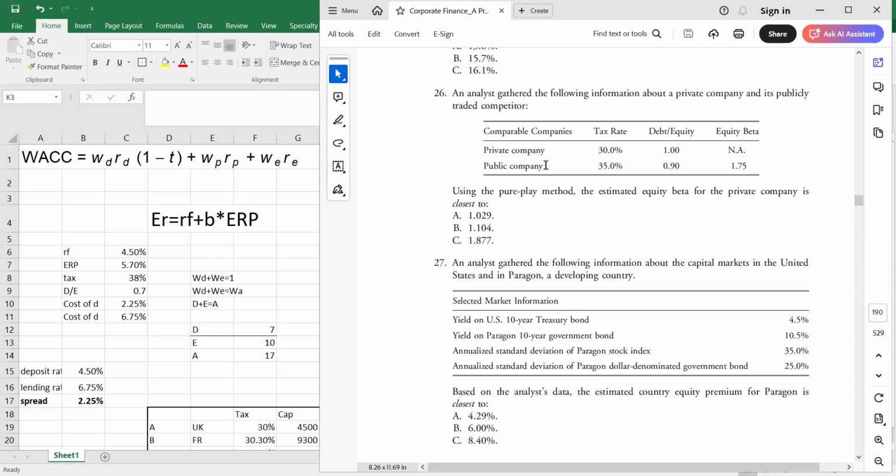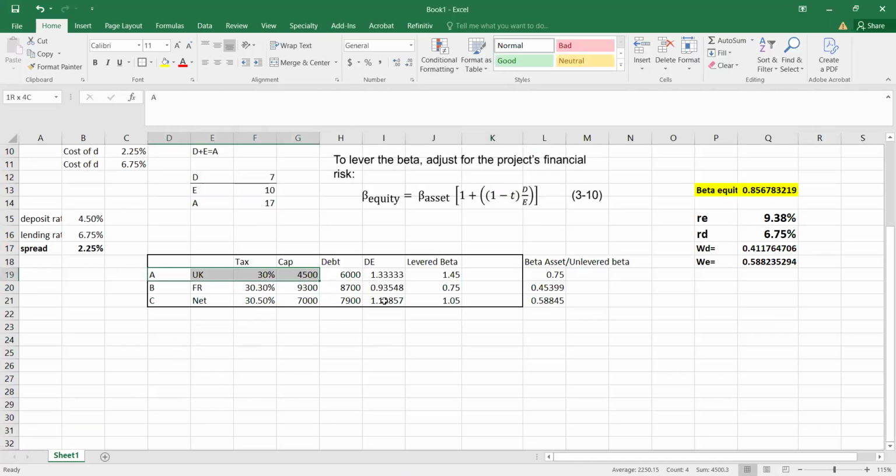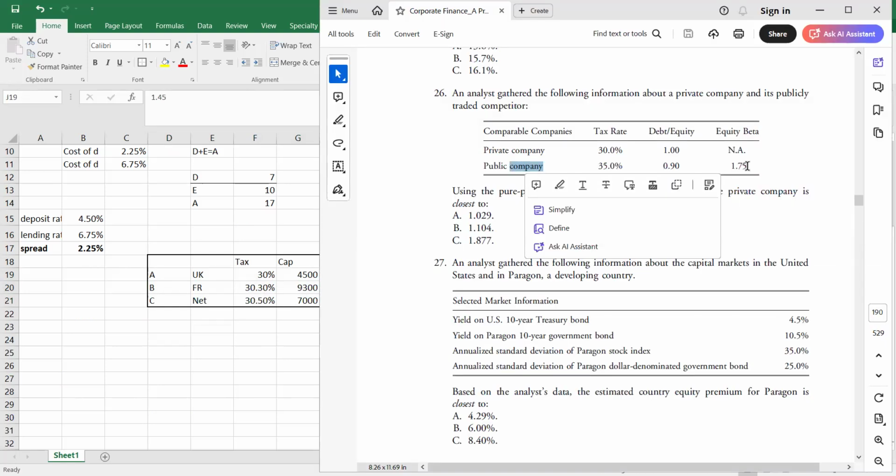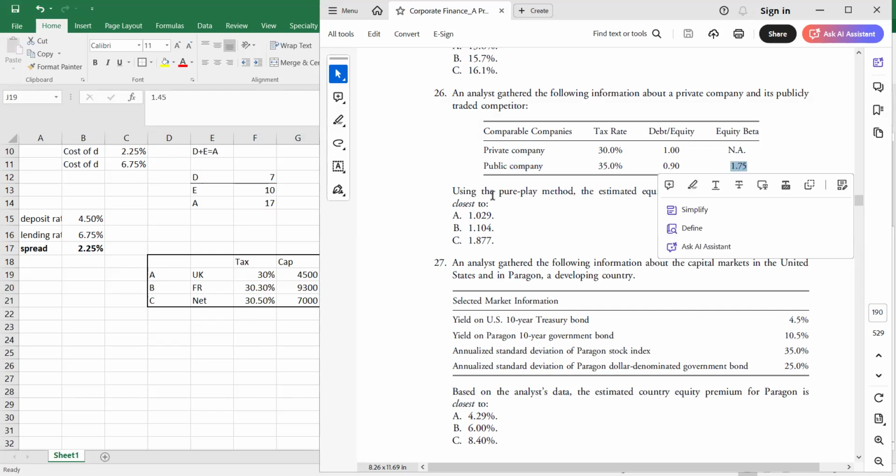Again, this is private and this is the public. In that we had 3 companies, you see, yeah? And we take the average of it. But in here, only 1 company, then you don't have to take any average. You just take this number directly. You do just the same thing.